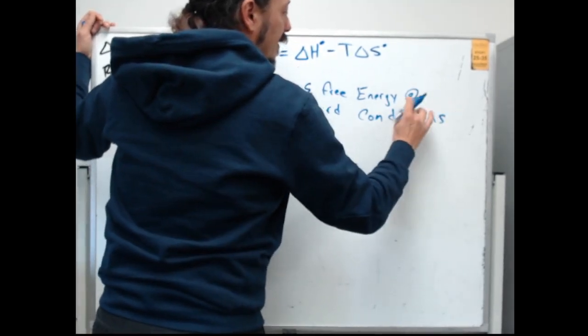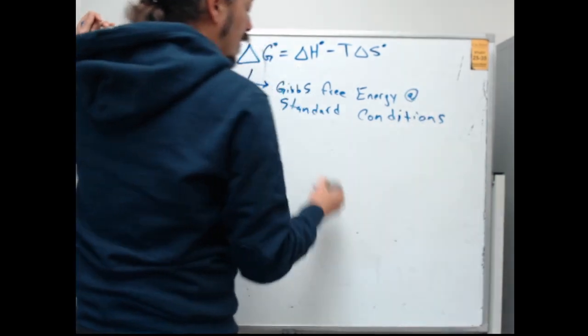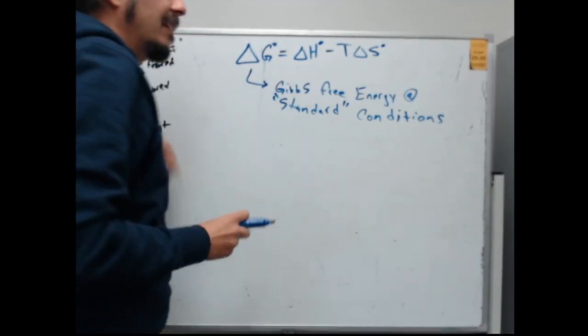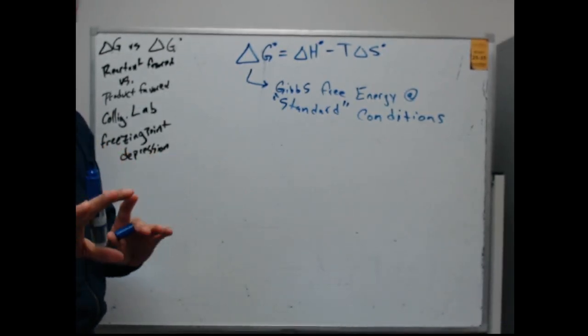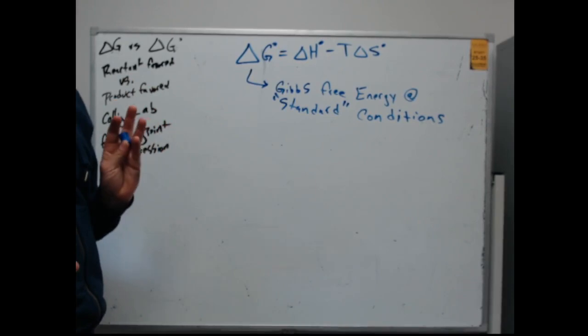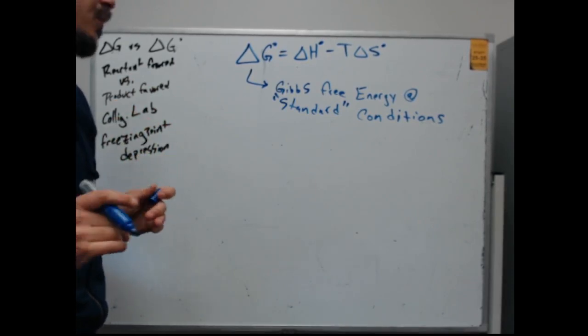Now, for us, standard conditions, I'll put standard in quotes, only has two things associated with it so far. And this is why I haven't been real strict about this differentiation between the two.